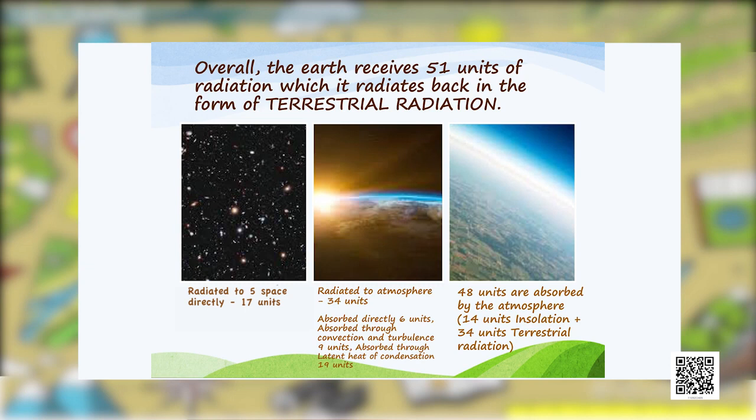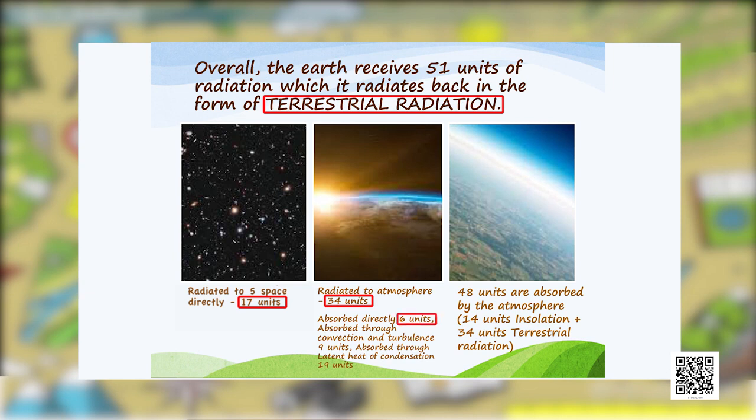The Earth radiates back 51% in the form of terrestrial radiation. 17% is radiated to space directly. The remaining 34% is absorbed by the atmosphere.